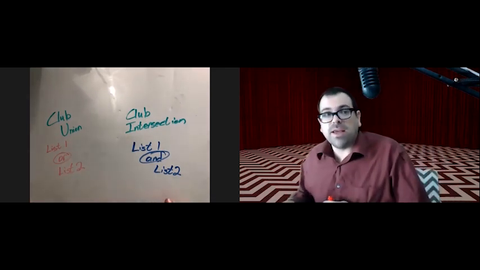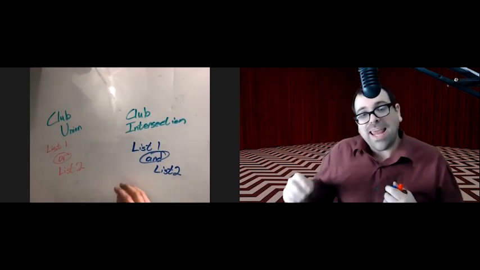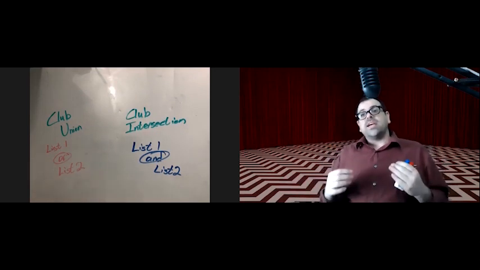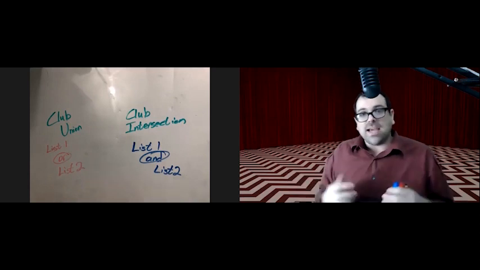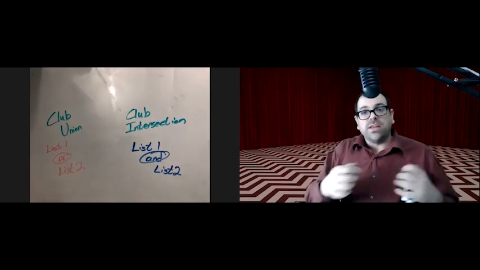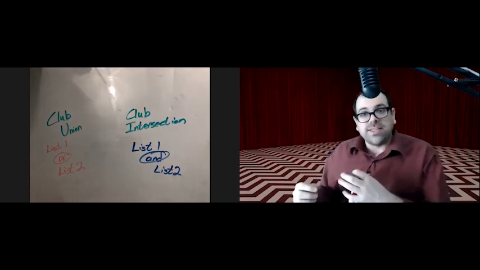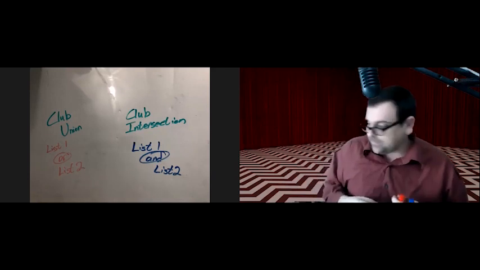But to get into Club Intersection, you need to be on both lists. You need to be on list 1 and list 2. That's what Union and Intersection are. They're just like these exclusive clubs, and they have the exact same rules. For a union, you take them in if they're in one or the other. For the intersection, they have to be in both, first and second.